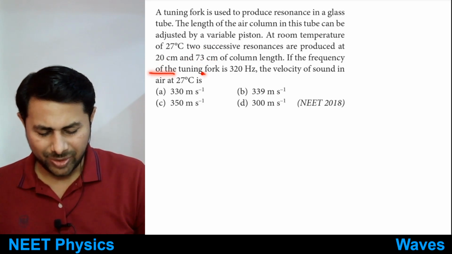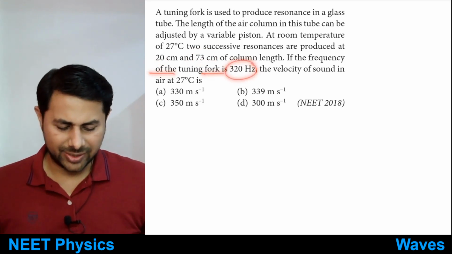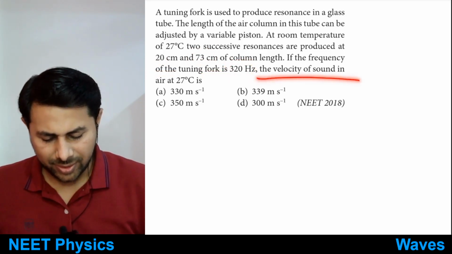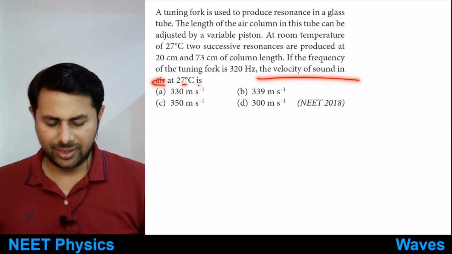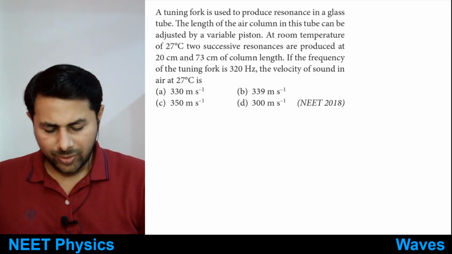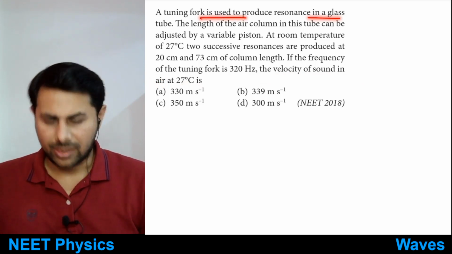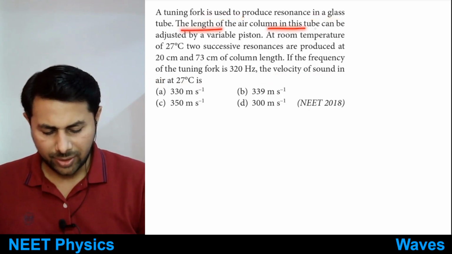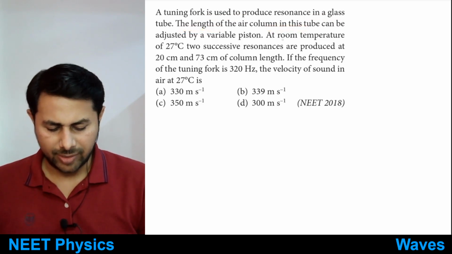If the frequency of tuning fork is 320 Hz, then the velocity of sound in air at 27 degree is. So see, here a tuning fork is used to produce resonance in a glass tube. The length of air column in this tube can be adjusted by a variable piston.